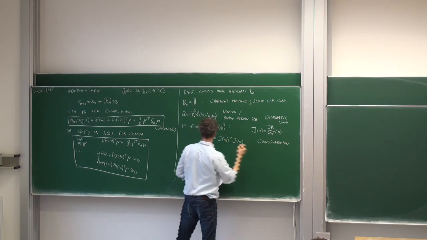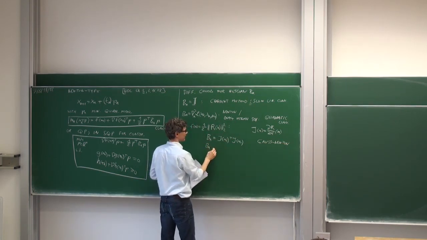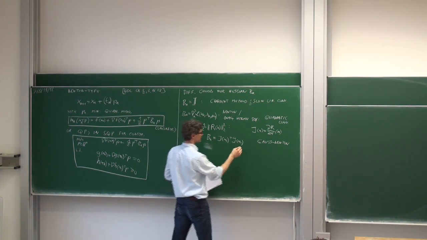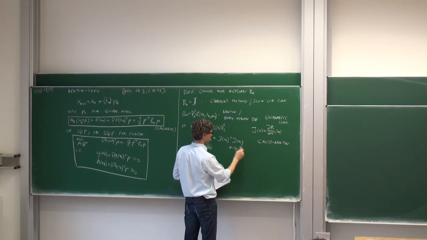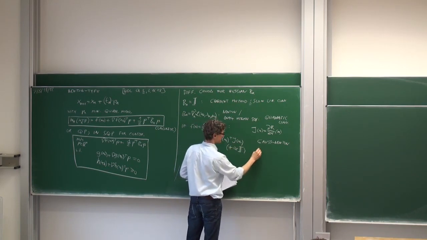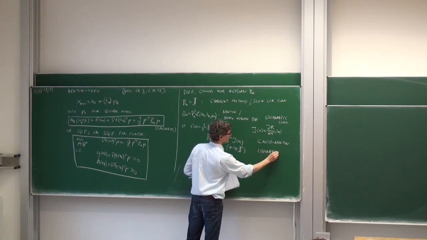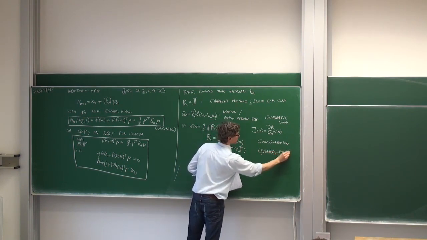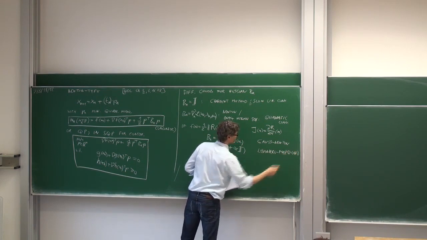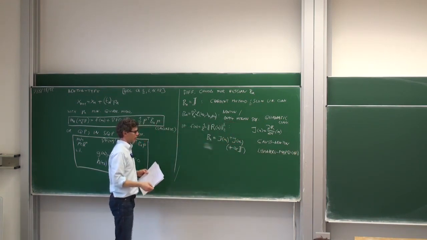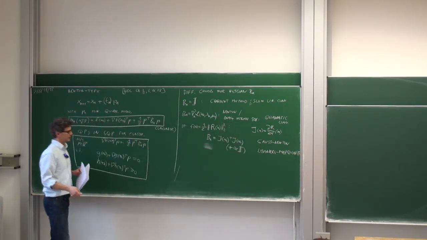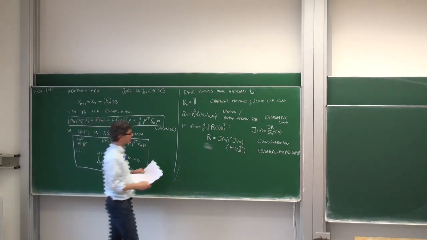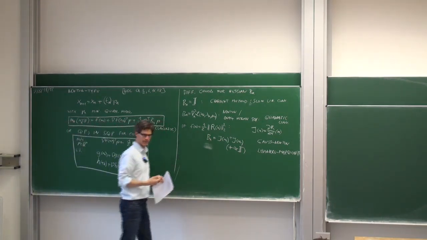There's a related method where I could also add a multiple of the unit matrix, and then I call the whole method Levenberg-Marquardt. So this is a special choice, and it's only applicable if this condition is satisfied.